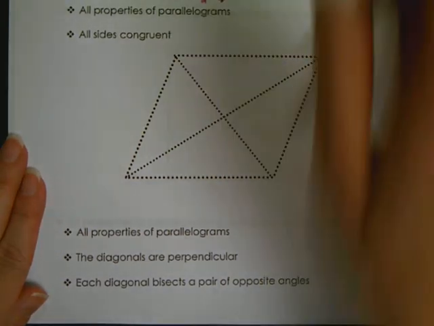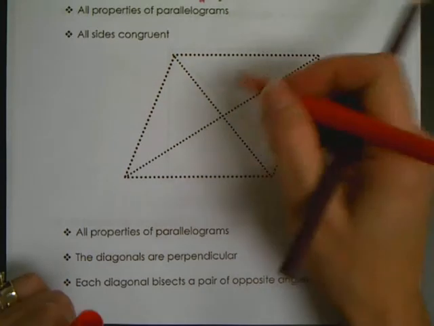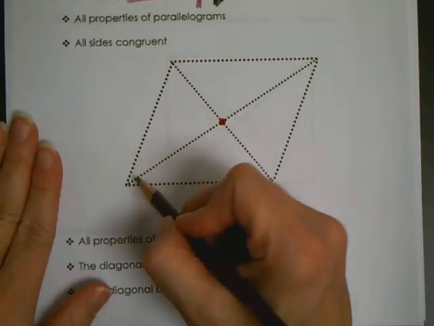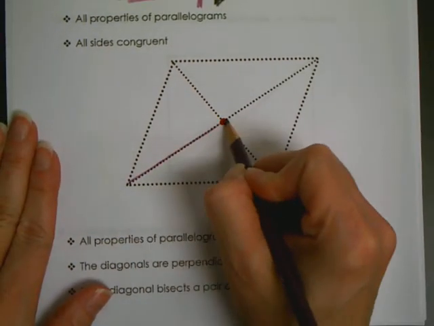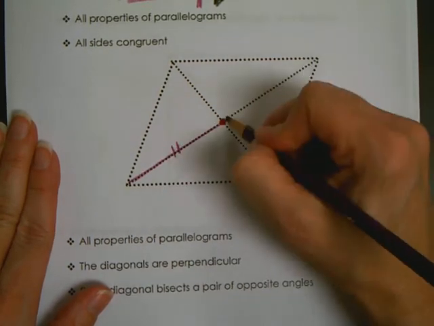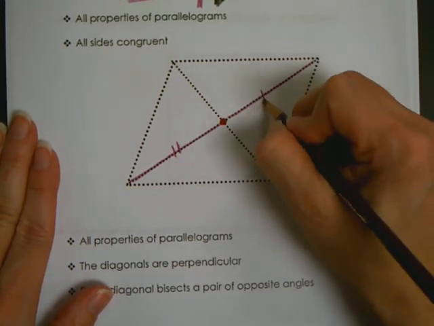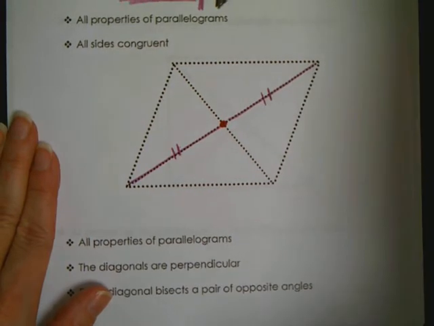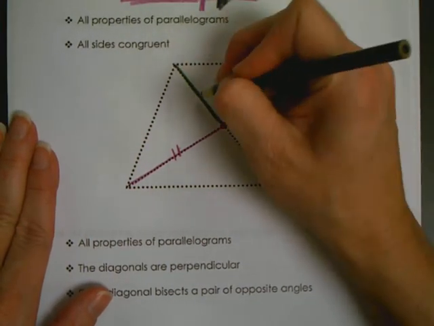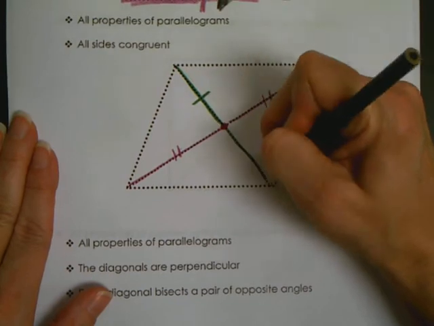So, let's give this a midpoint. Booyah, right there. Then we've got this segment is congruent to this segment. And this segment is congruent to this segment.